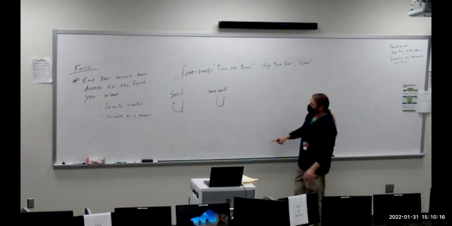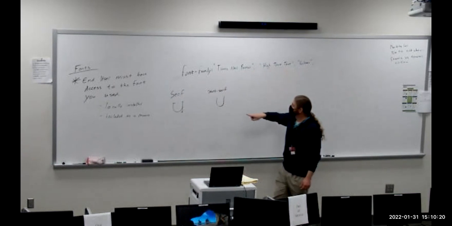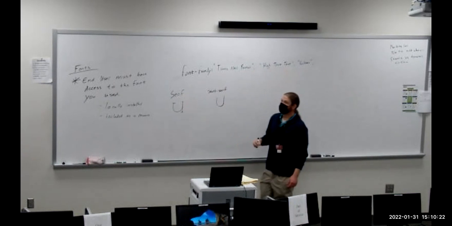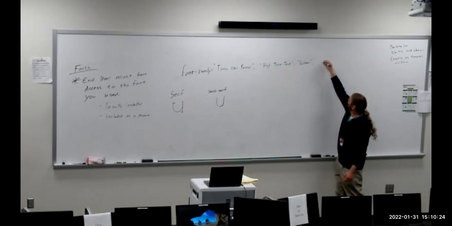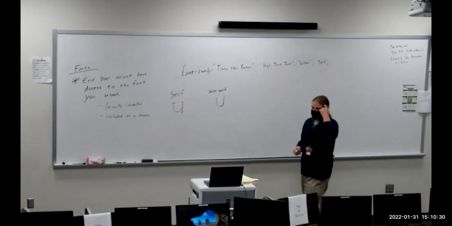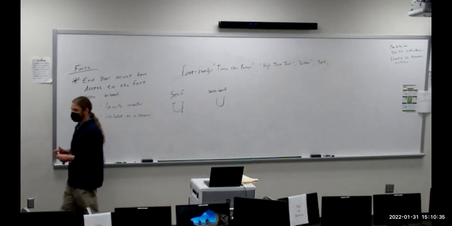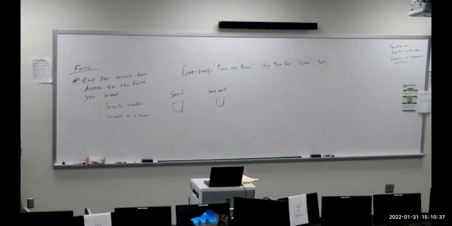And usually we throw one of these words at the end. So these were all serif fonts. If none of those are installed, we can just say serif font, and if none of the other ones are installed, use that. So we defined the whole family.